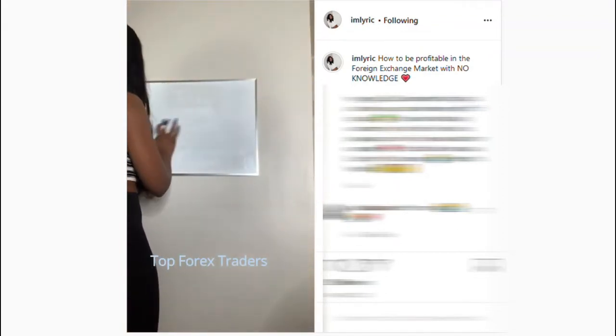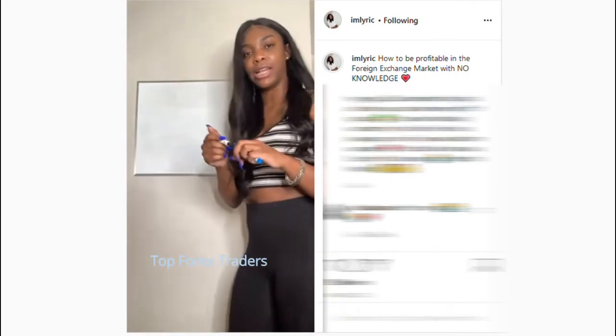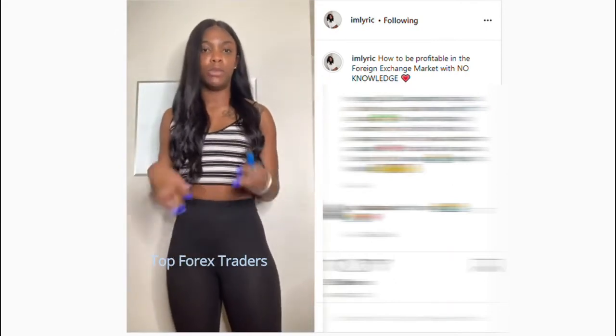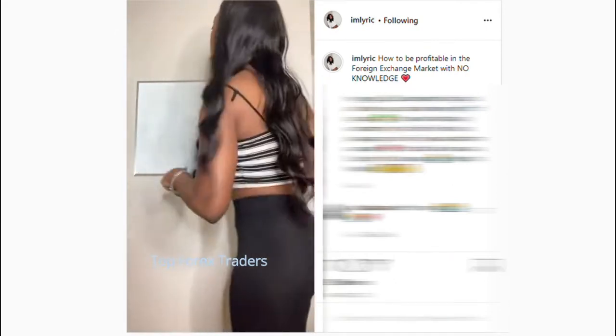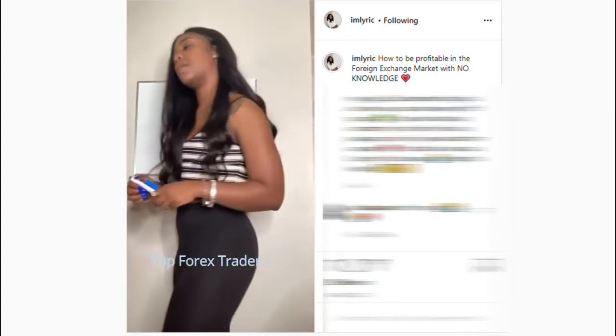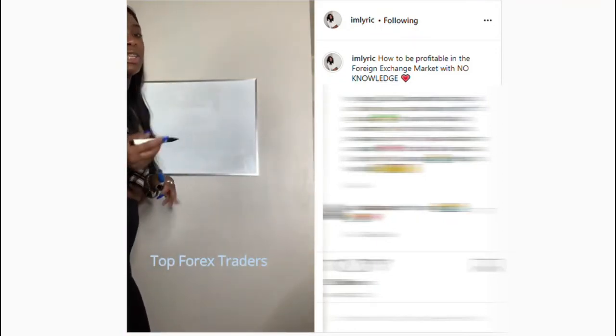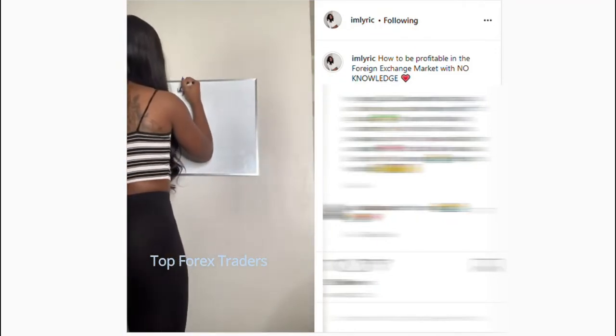Signals are things that are put into the chat, and it's what a lot of people refer to as the copy and paste method. If you've ever heard of the copy and paste method in Forex, this is exactly what we're talking about. Let's say you're in the group chat and we send out a notification for a trade, and it looks like this.